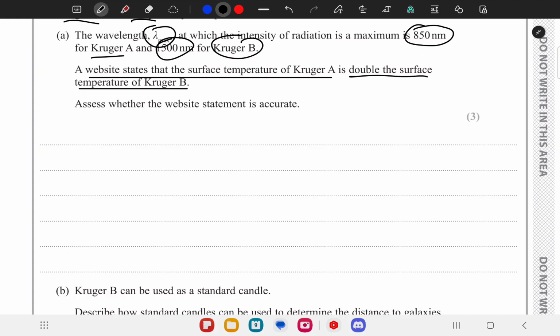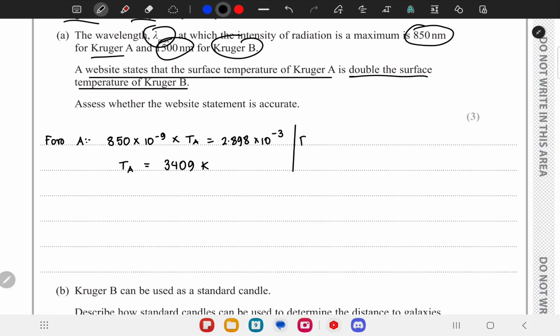So we have to use Wien's law for both. So for A, lambda max is 850 × 10⁻⁹ times temperature A equals 2.898 × 10⁻³. So the surface temperature of Kruger A would be 3409 Kelvin.